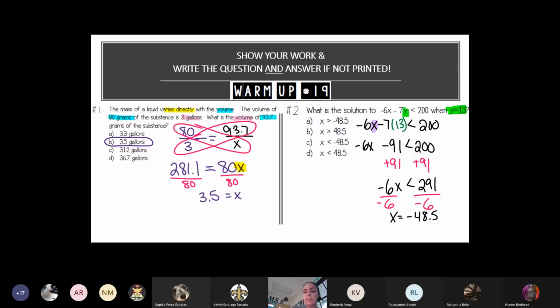It's not equal though. I need to be careful because I had an inequality sign, and because I divided by a negative number, that inequality sign is going to flip. So x is now going to be greater than negative 48.5. So that means my answer here is going to be A.